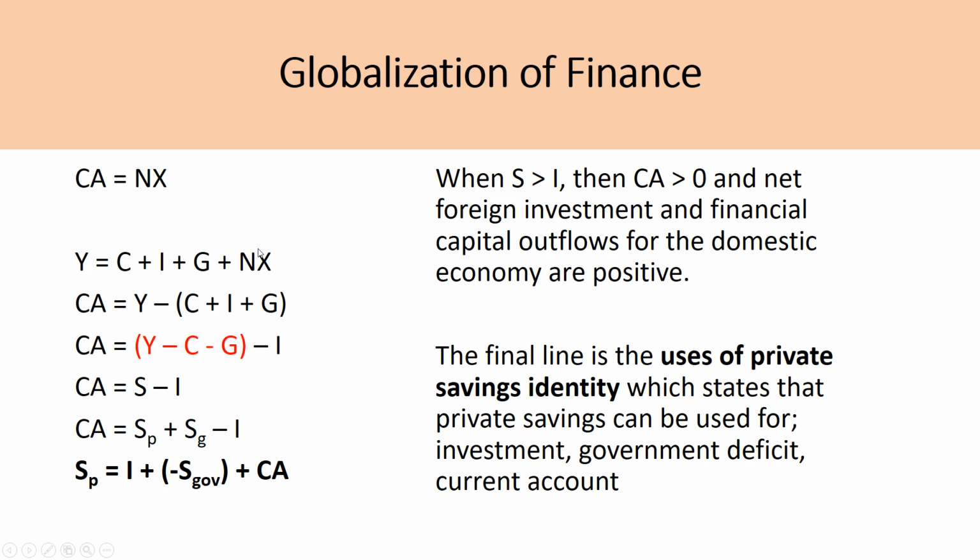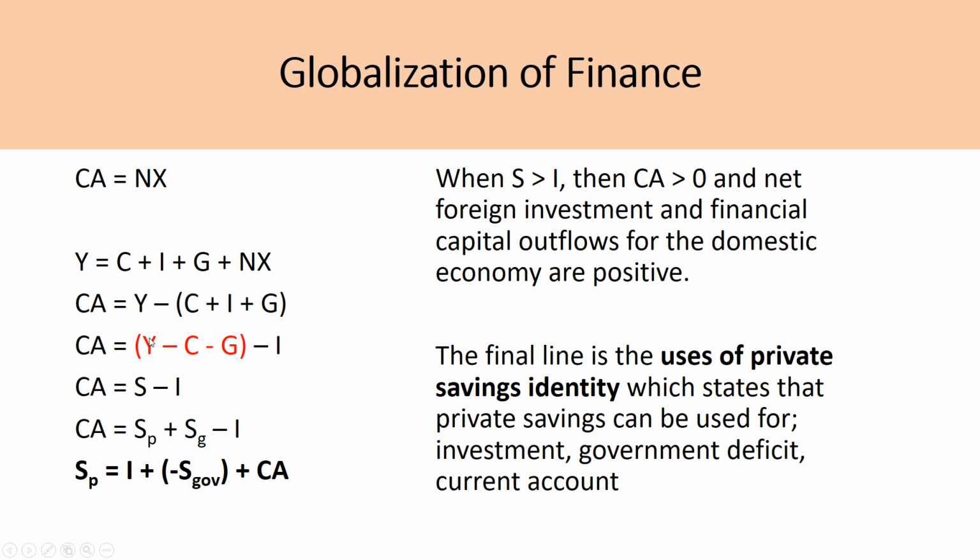Now we isolate for CA on the left hand side. So CA would be here, and we'd move C plus I plus G over and subtract it from Y to isolate for CA. That's essentially what is done in the next line. Now if we expand this formula and move the negative across, and so we remove the parentheses, it's Y minus C minus I minus G. We can actually isolate Y minus C minus G, which is total savings, right?